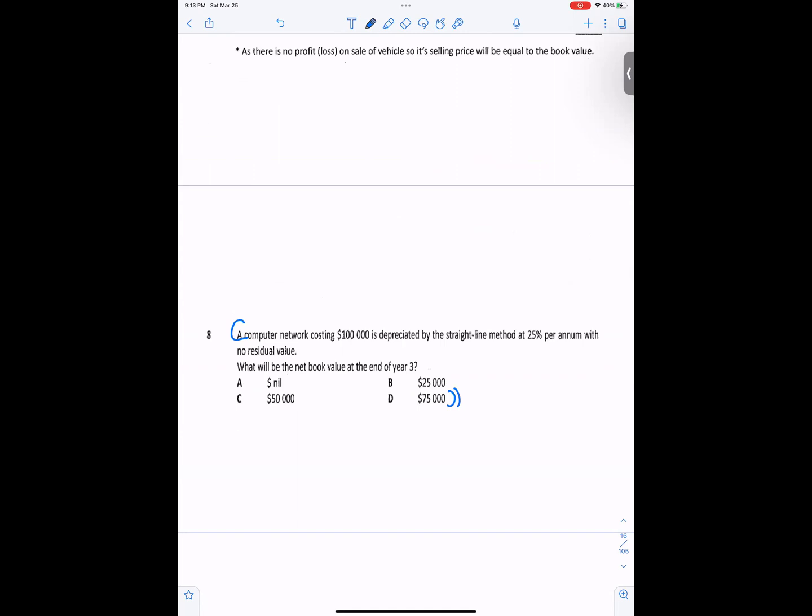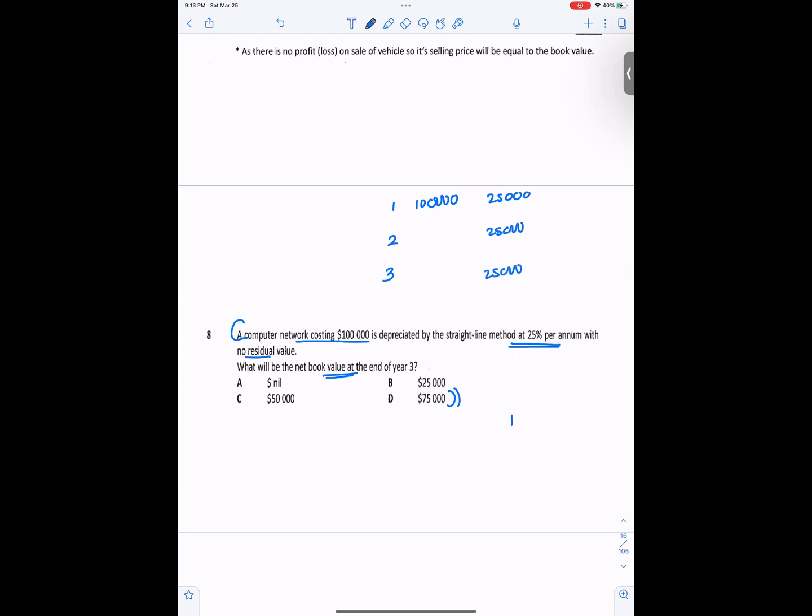A computer network is costing 100,000, depreciated straight line method 25% with no residual value. What will be the net book value at the end of year 3? 100,000 is the cost. 25%. 25,000, 25,000 and 25,000.